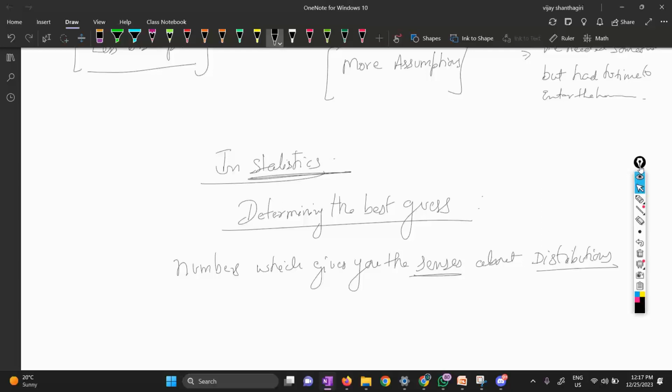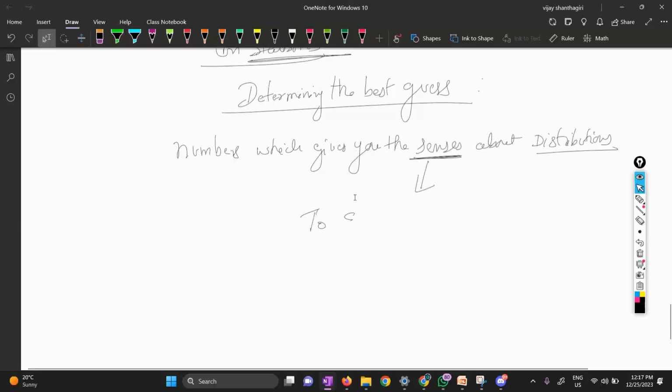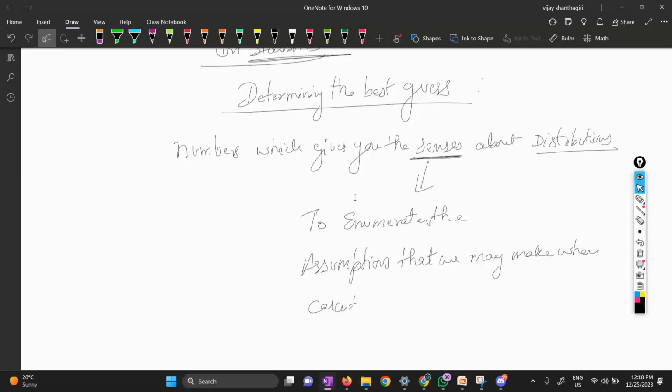The sense that you're drawing is only to enumerate the assumptions that we may make when calculating the risk.